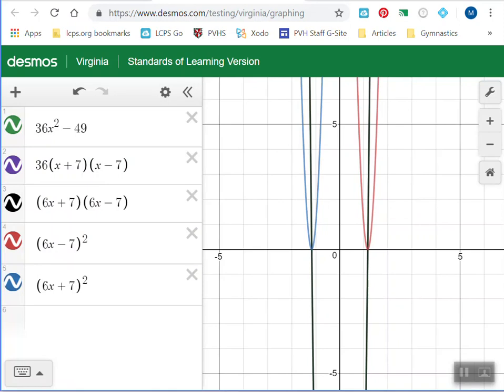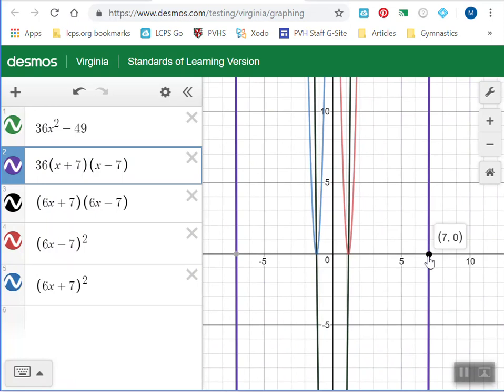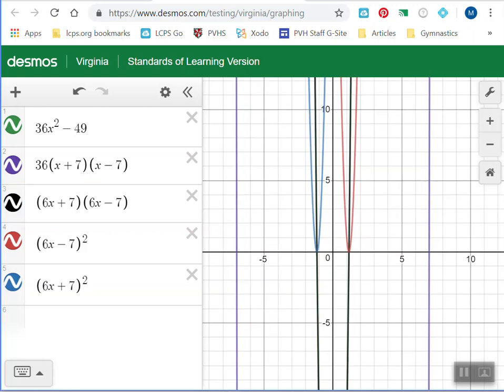If I look at the purple graph, that has x-intercepts at positive 7 and negative 7, so that's not right. The black one has x-intercepts at negative 1.167 and positive 1.167, so that's good.